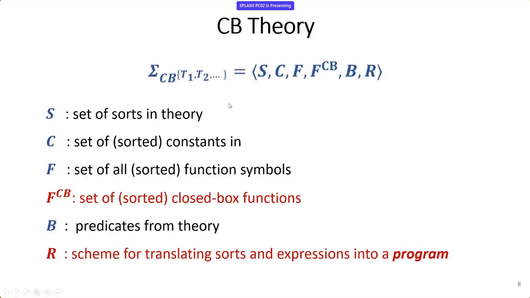It's very similar to the signature of other theories, so I'm just going to highlight two additional attributes that we have provided. FCB defines the closed box functions, and we have another attribute R, where we provide the different translation schemes for translating different sorts and expressions into a program.